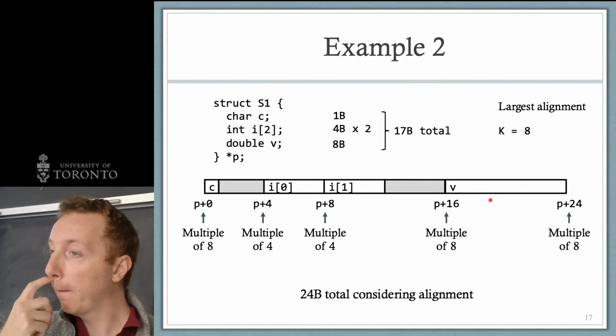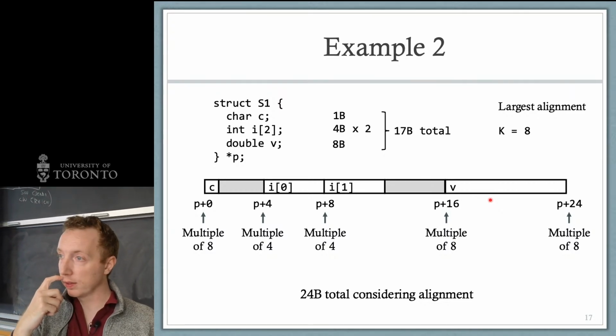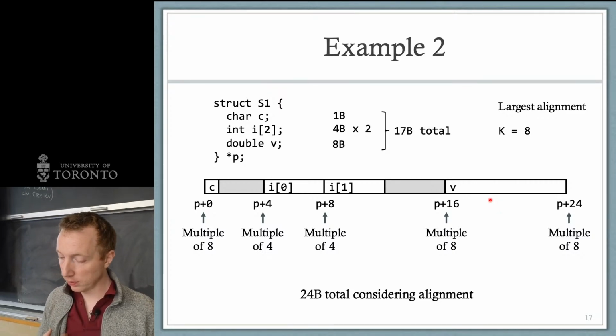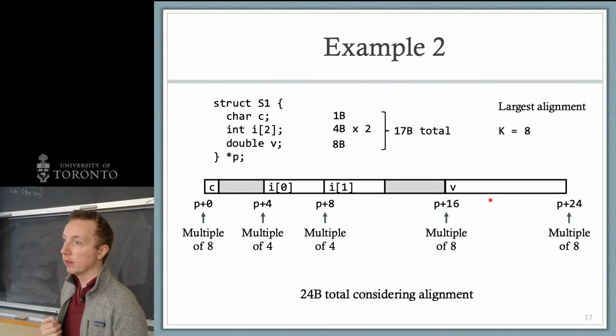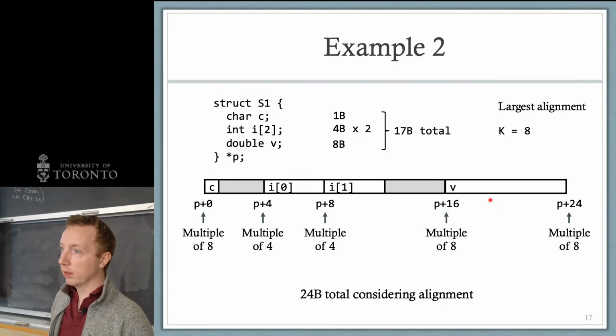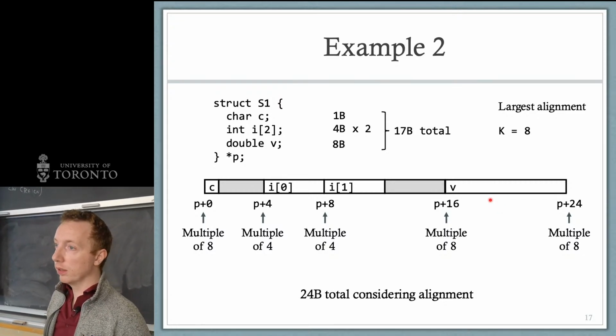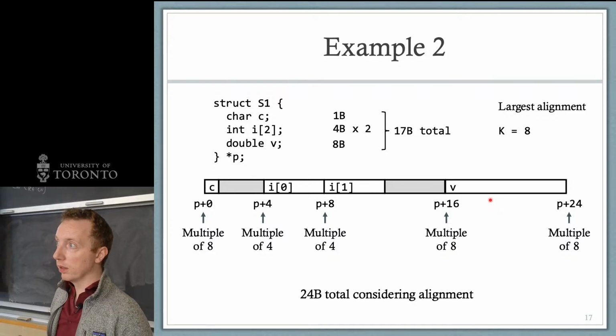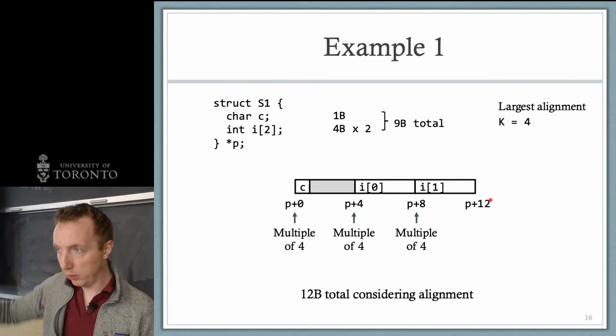Yeah? What's the purpose of the padding here if we know every single value? Like, we know every type, right? Before, we had padding because we didn't know what the type might be. We knew the types here, too.